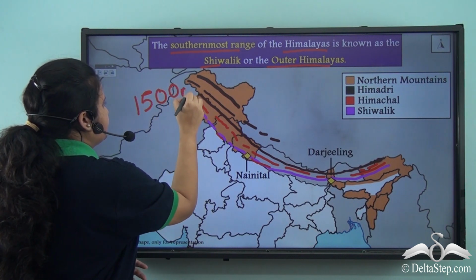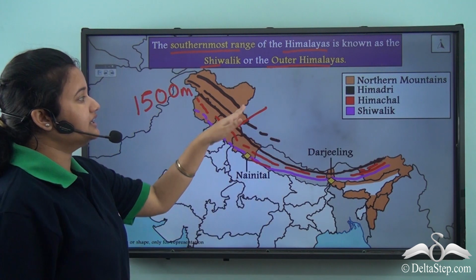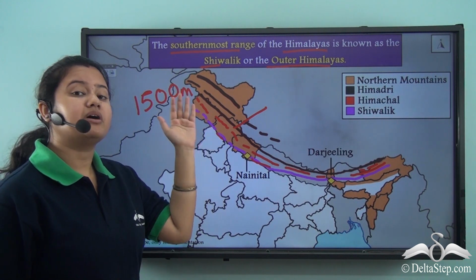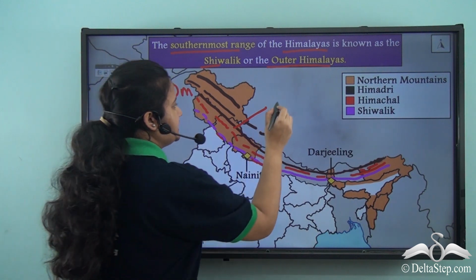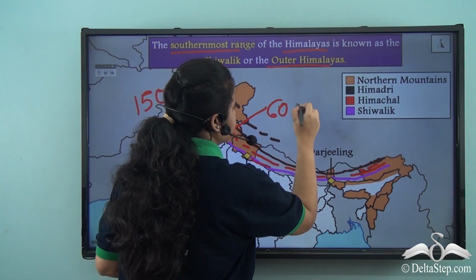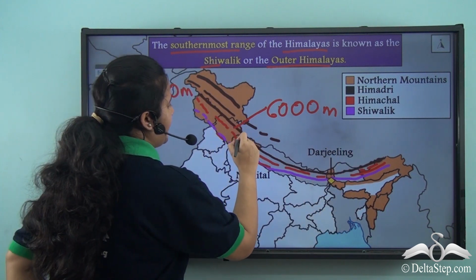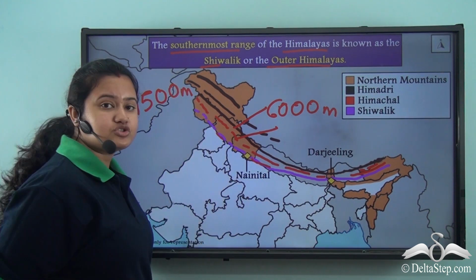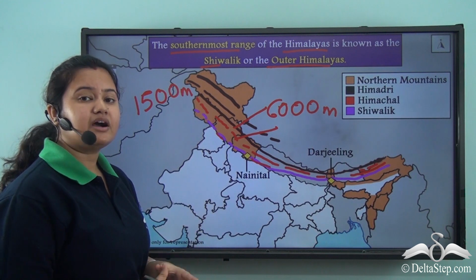1500 meters. So we read that Himadri is the northernmost range, and in fact it is the tallest among all the ranges, and the average elevation of Himadri is 6000 meters. Next we have the Himachal range. It is the second belt range and it is lower in height compared to the Himadri range.